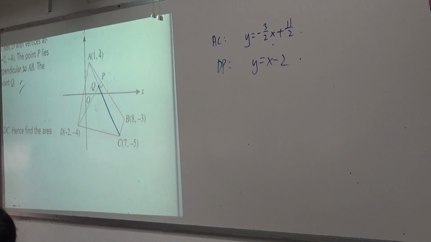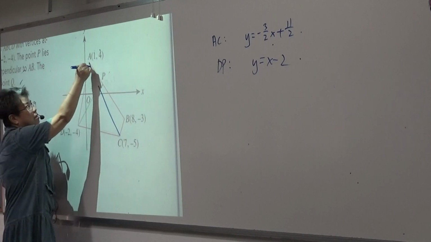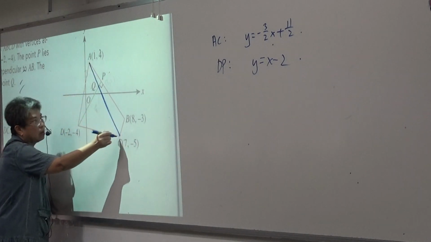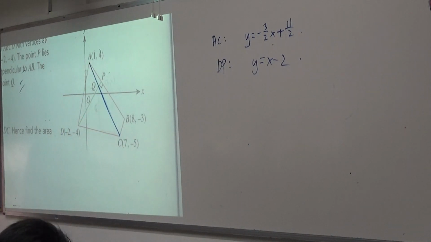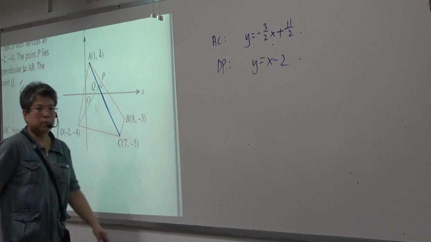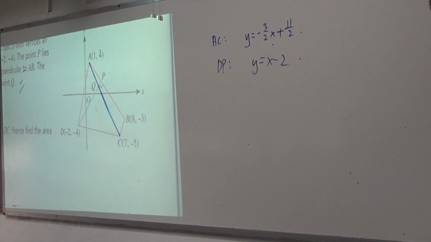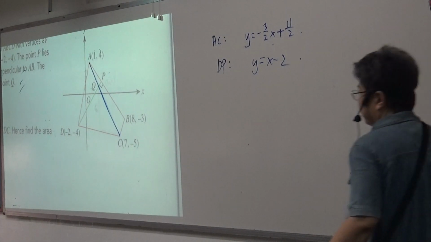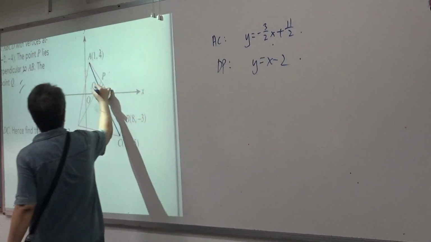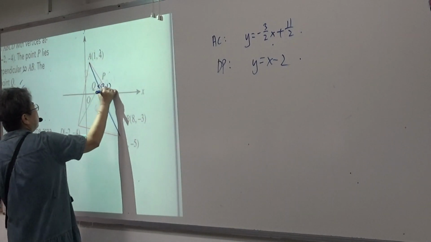AC is the whole thing. Am I right to say that? Now I'm going to show you here. All of you look at the bottom. Just now I found Q. My Q is 3, 1. This point is 3, 1.